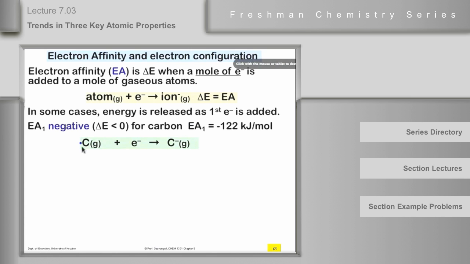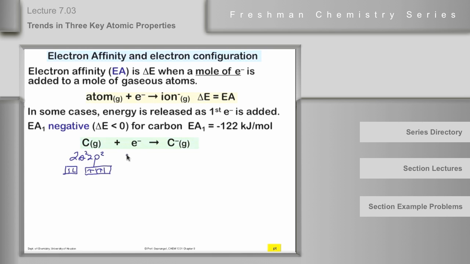I'm going to write down here that carbon valence electron configuration is 2s2, 2p2. Box diagram, pair of electrons here, and a blank one right there.